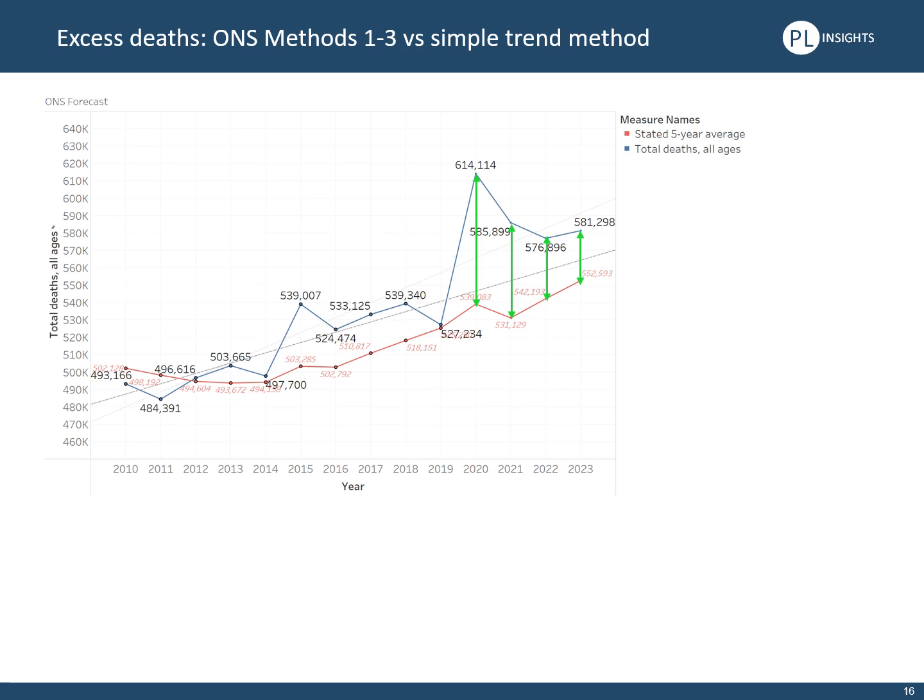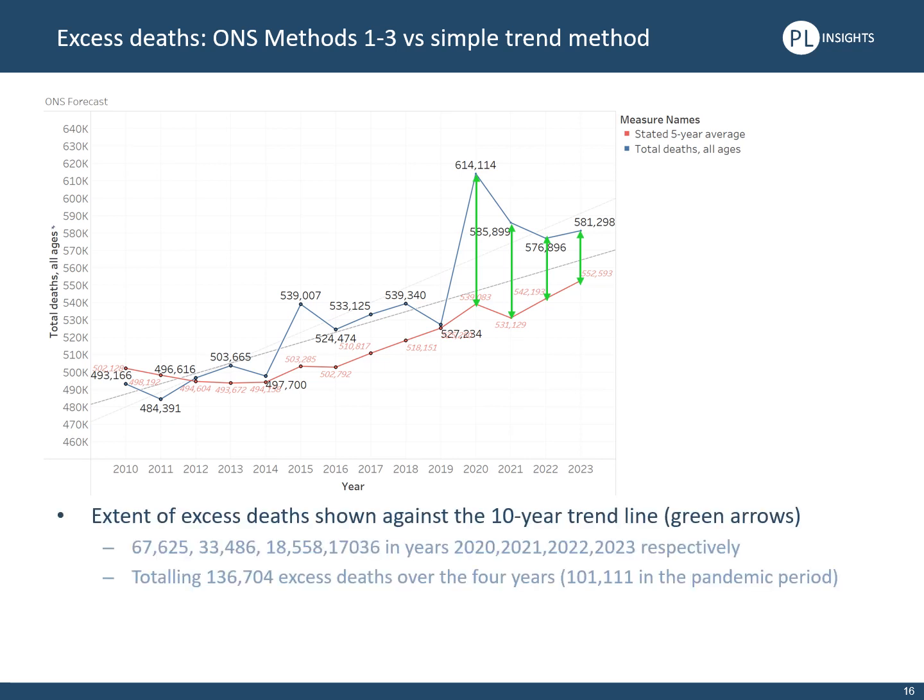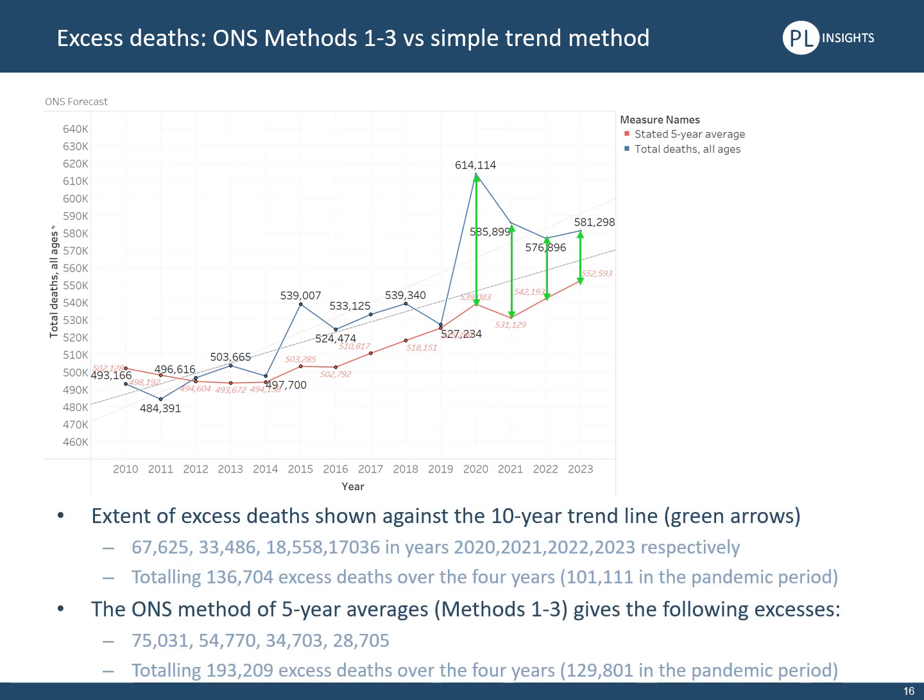So the ONS method is going to predict a higher number of deaths than my method predicted. You can see the comparable numbers here, 75,000 in the first year of the pandemic compared to my 67,000. That means that in total they're predicting 193,000 deaths over the 4 years, and 129,000 of which, nearly 130,000, occurred during the pandemic period.